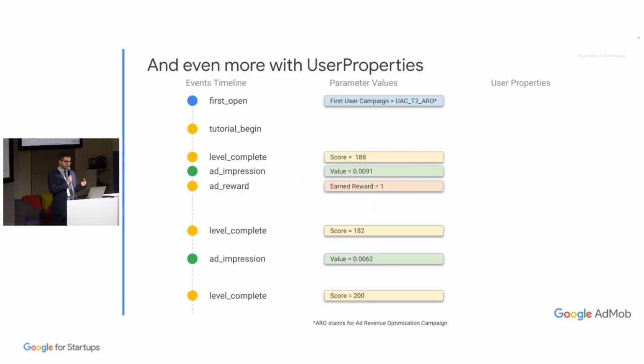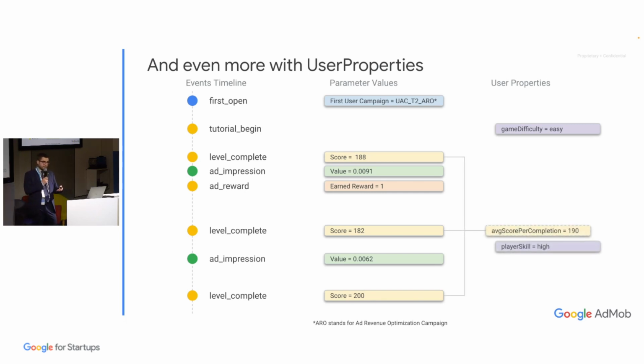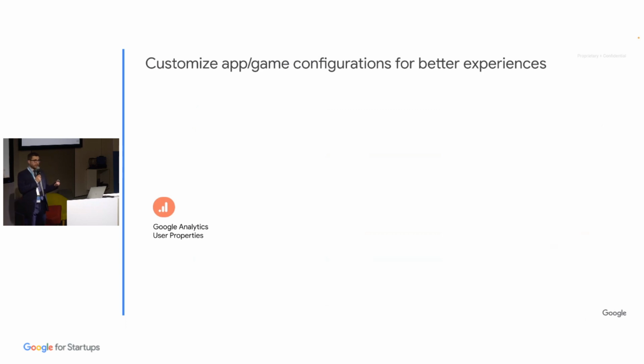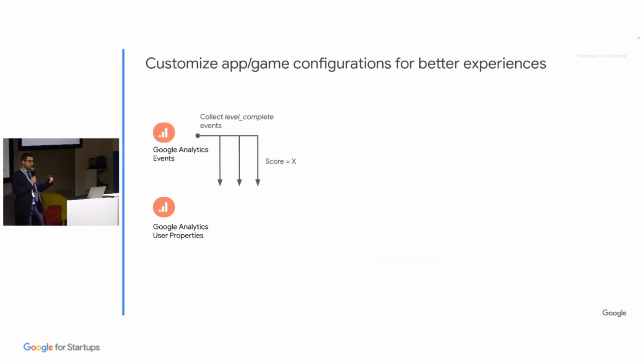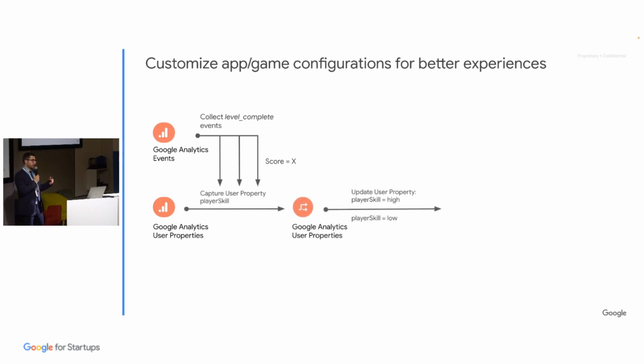Now we will add another level of complexity for the first-party data, which will be user properties, and in this case, their difficulty levels. You are also able to collect that pretty easily, and the process would look very straightforward. For those users who find the experience and difficulty very easy, you can customize their experience.